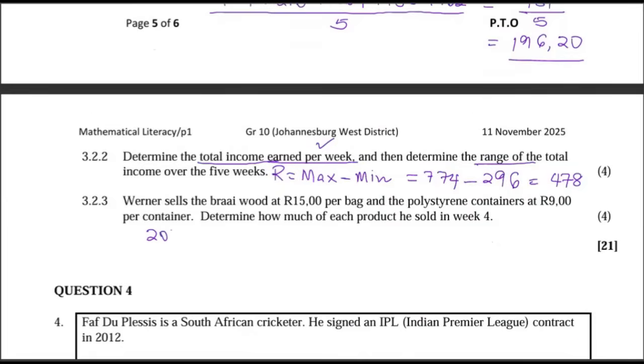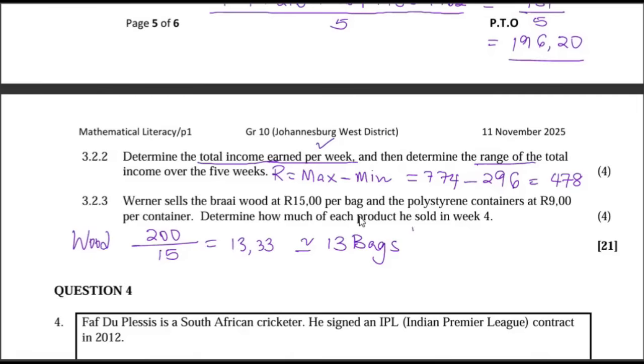It's 200 divided by 15, which is a little bit tricky. So 200 divided by 15, you end up having 13.33. Approximately, he sold 13 bags of wood.